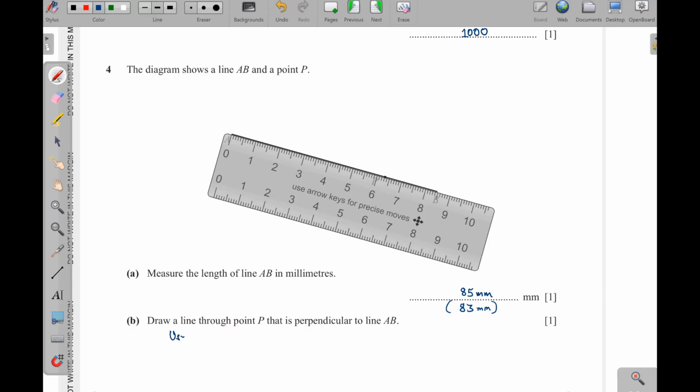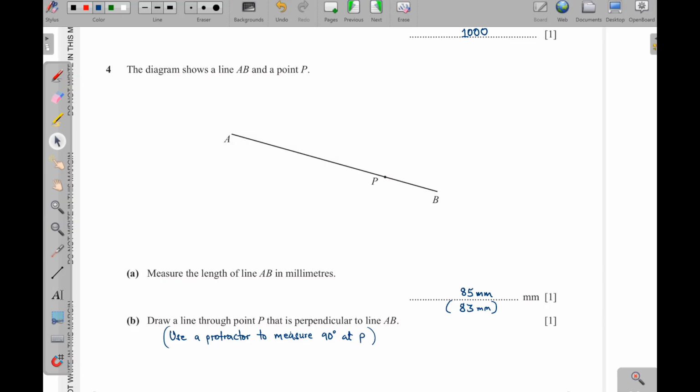You can use a protractor to measure 90 degrees at P. You can use your compass, but they didn't tell us to construct. If they had told us to construct, then we would do so.